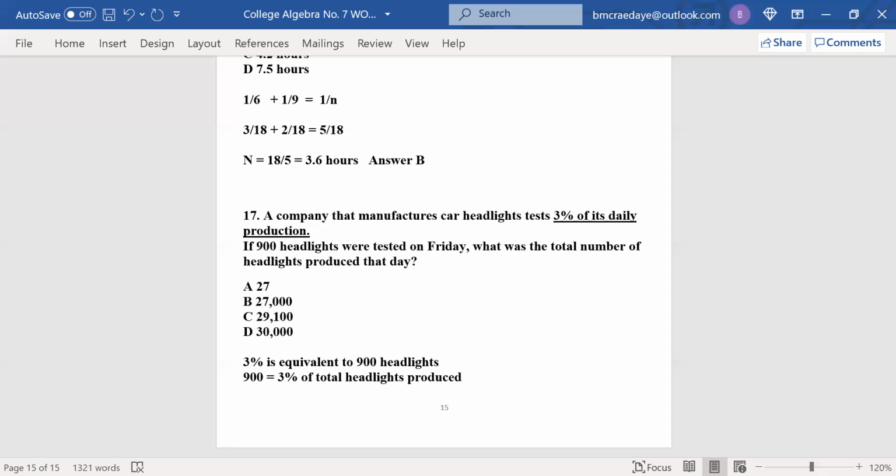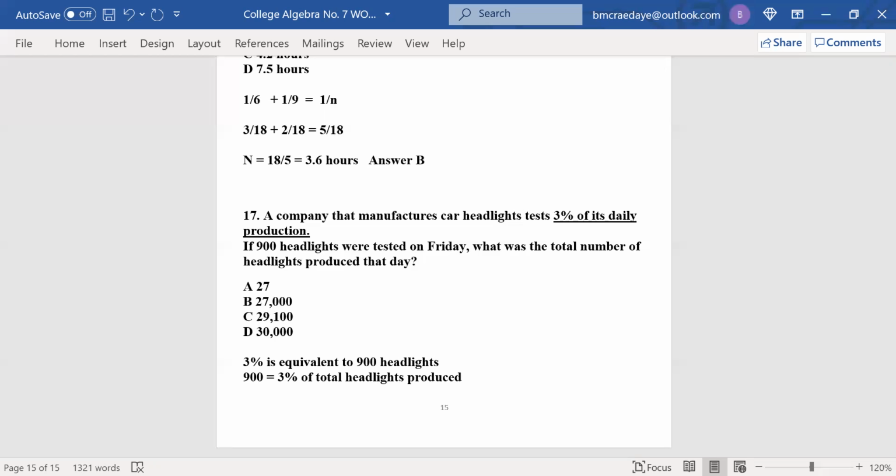So if you take that 3% and make it 0.03 and divide it into 900, you get your answer. So 3% of N is 900.